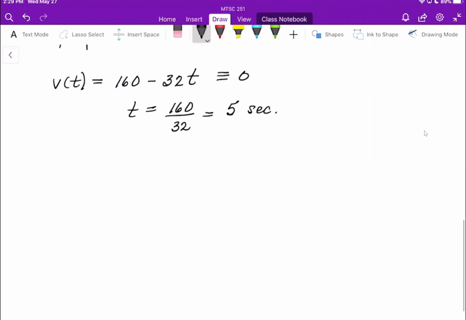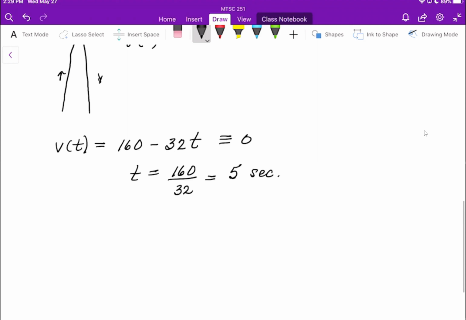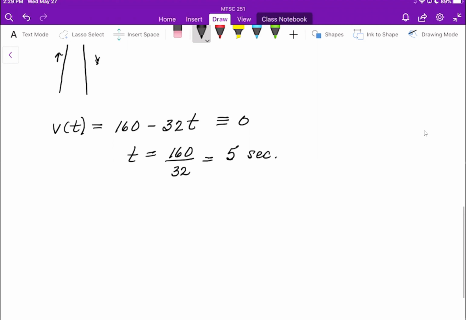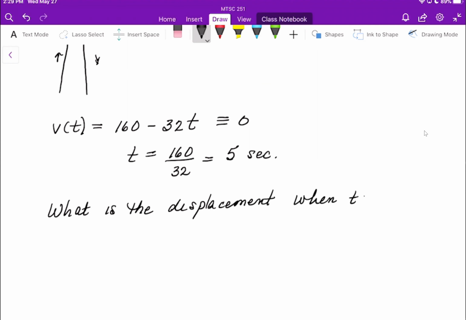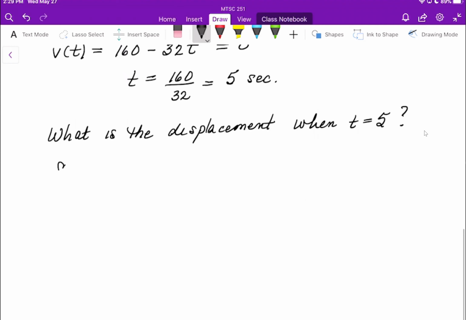Now we need to find the displacement at that point. When t equals 5, we put that into s, and we get s of 5 is equal to 160 times 5 minus 16 times 5 squared.